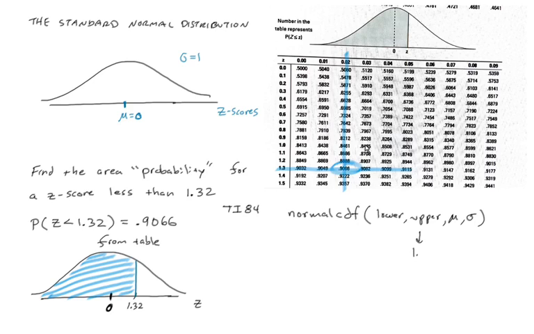And so our upper, if we're looking at our picture, the upper z-score that we had is going to be that 1.32. Our lower, well, if we keep going this way, if you recall from algebra, we keep going and going, and we would call that negative infinity. We don't really have a negative infinity, but we're going to kind of use that idea.